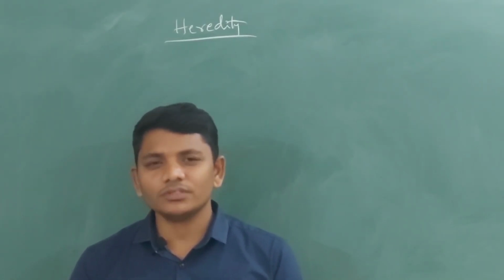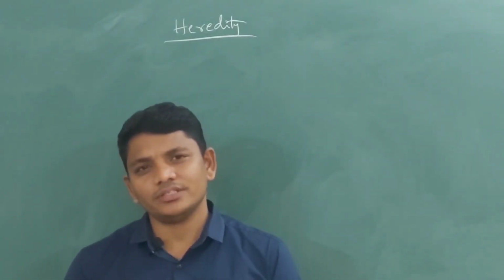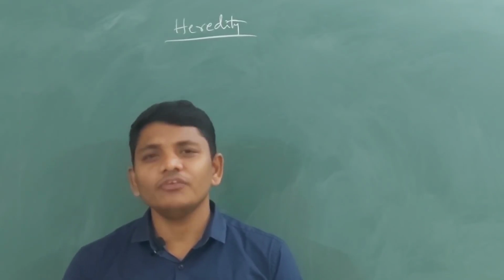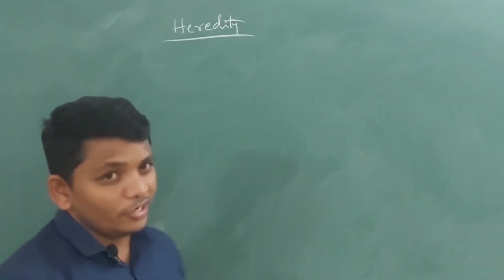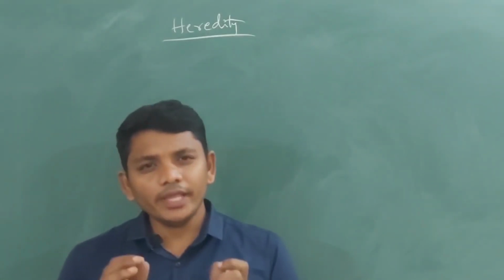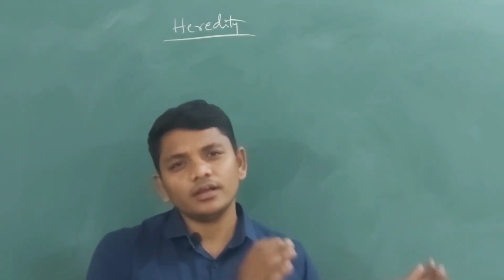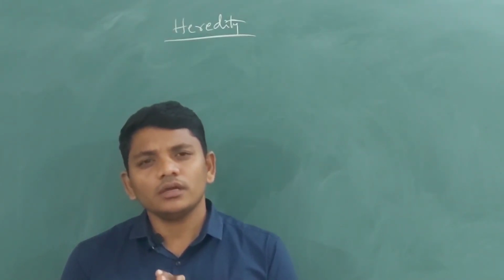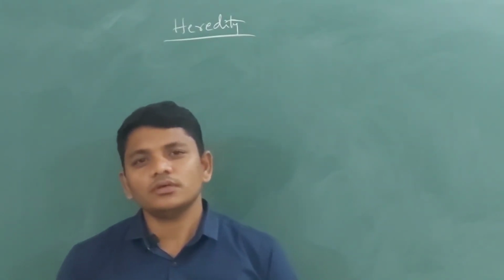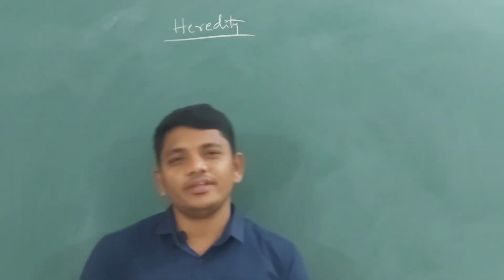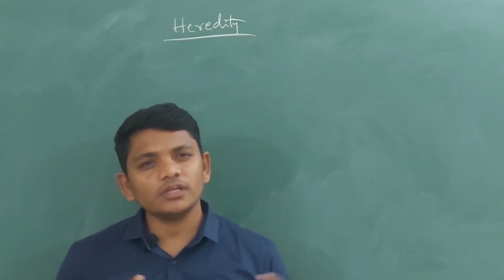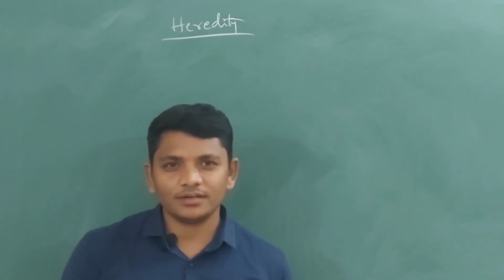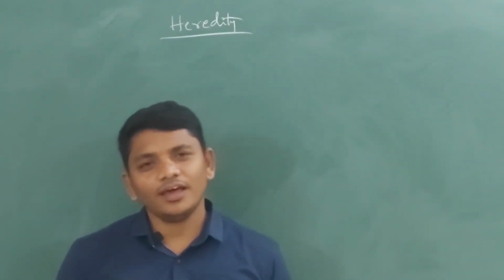Let us discuss the definition of variation. Differences between very closely related groups of organisms are called or referred to as variations. For example, a very closely related group of organisms is my brother or my father or my sister.